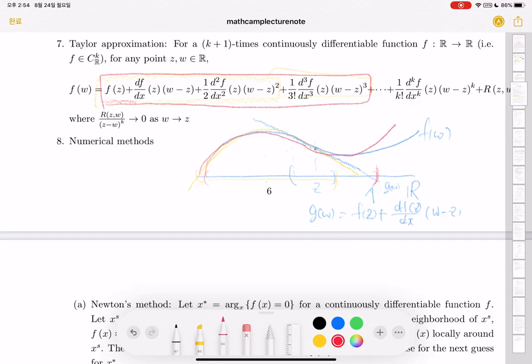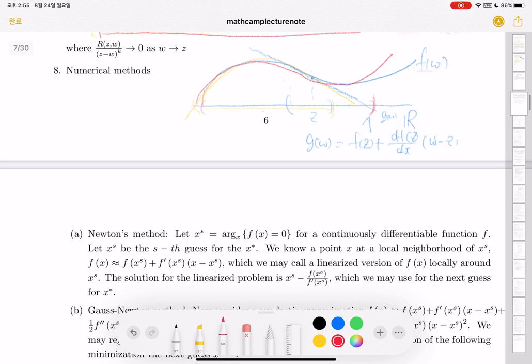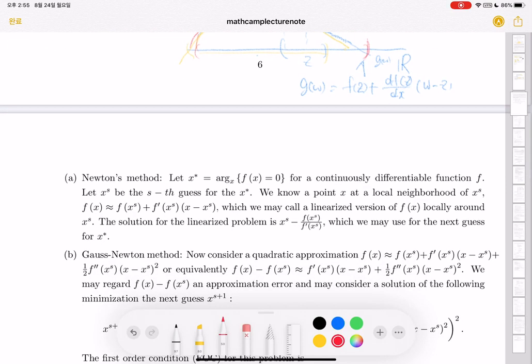If your f function is infinitely differentiable, then you can have infinite terms here, and the approximation gets closer to the f function as your terms increase.